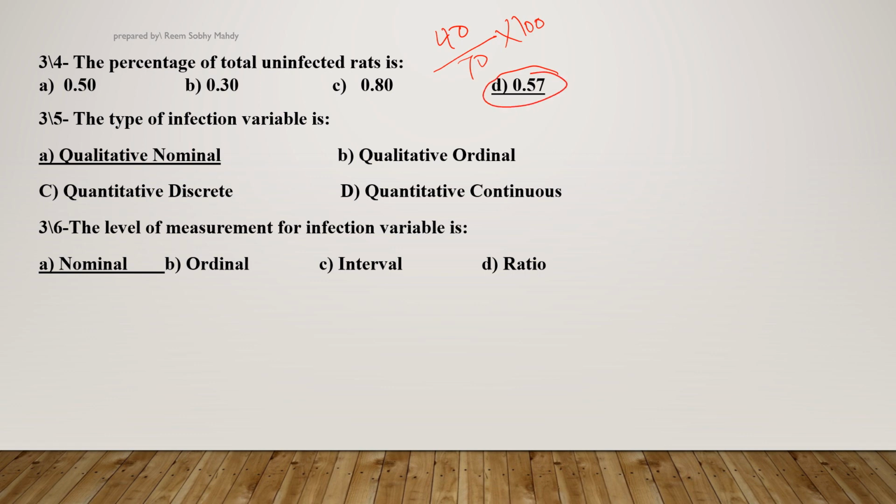The type of the infection variable is a qualitative nominal variable, as it takes two categories, infected or not infected, and these are nominal, so it's a qualitative nominal, and the correct answer is A. The level of measurement for the infection variable is a nominal level of measurement, and the correct answer is A also.